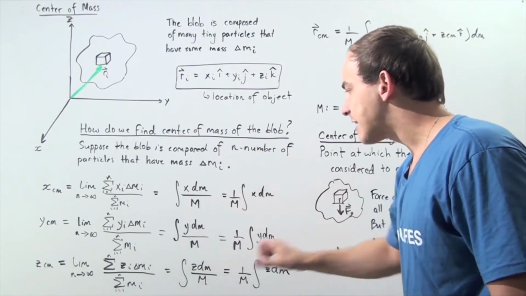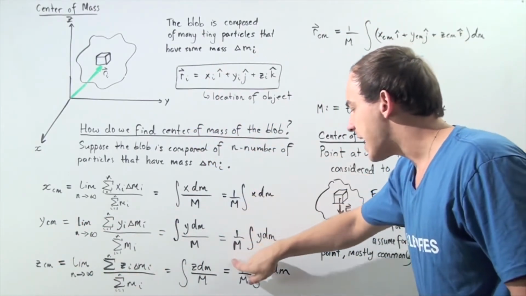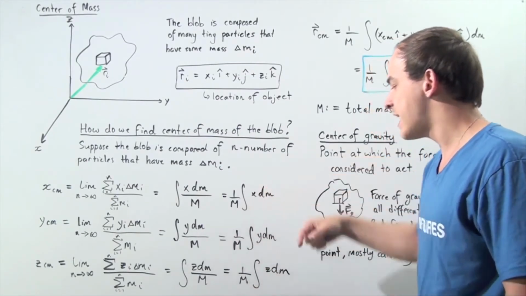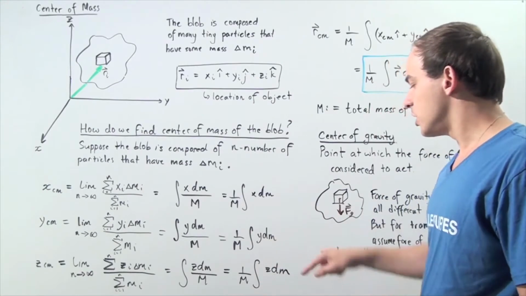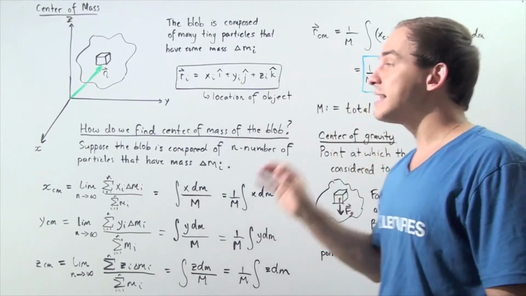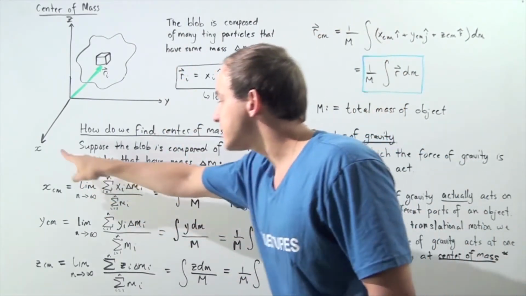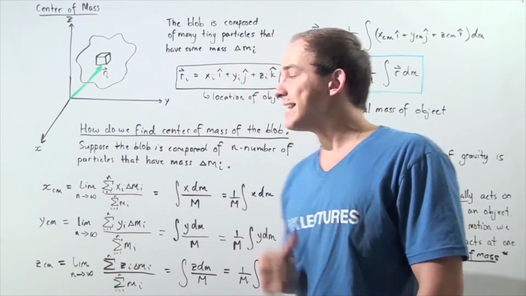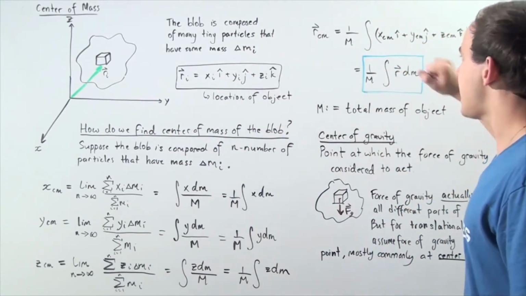And the same exact thing is done for each coordinate point. So we have 1 over M of the integral of y dm, and 1 over M of the integral of z dm. So now to find the center of mass of the entire blob, we simply have to take all these coordinate points into consideration. So we replace it with the following notation.